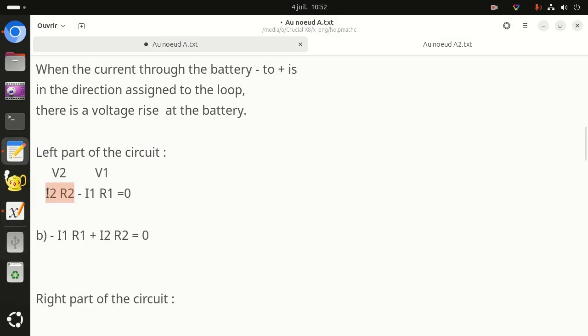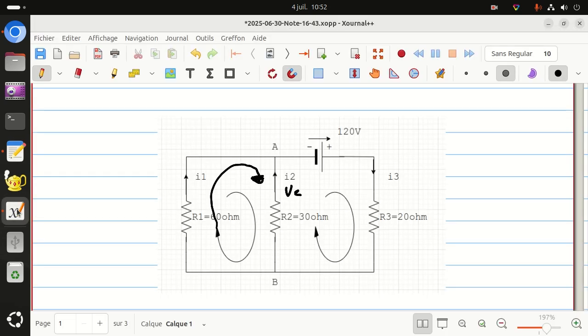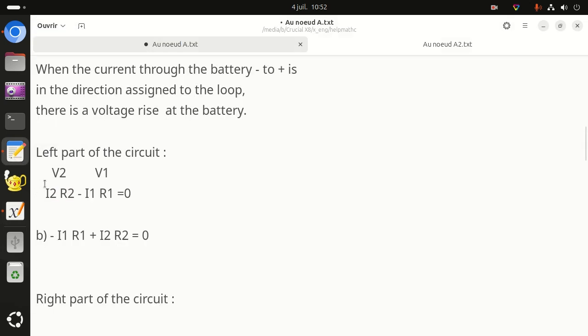For V2 it is opposite. Also, you must write this voltage rise with the plus sign.